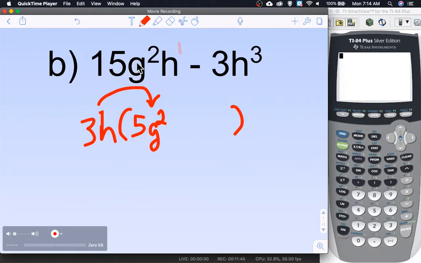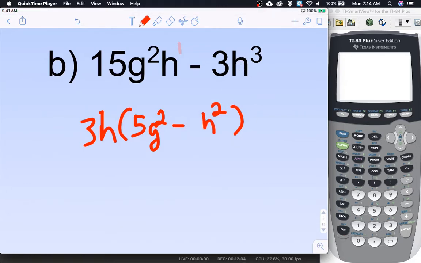G squared times h is g squared h. So that's good. Our second term, I divided by 3. I factored a 3 out. So that first 3 is gone, and 1 of his h's are gone.